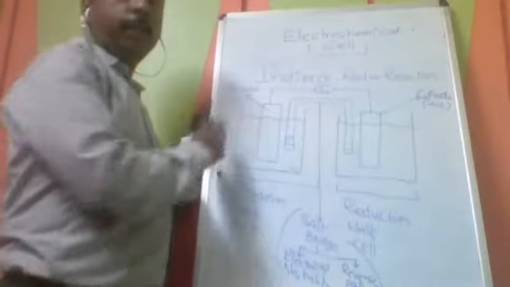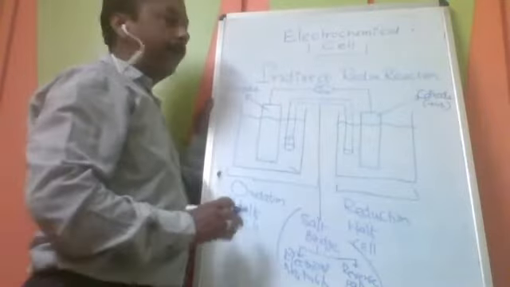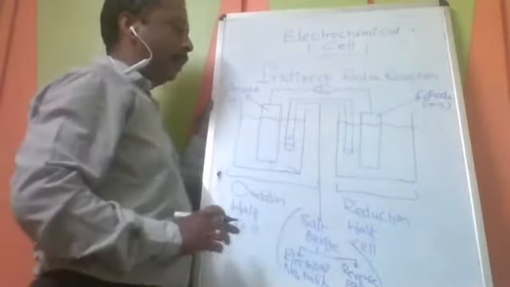Anode is electrically negative and cathode is electrically positive. So these are the parts and their purpose.